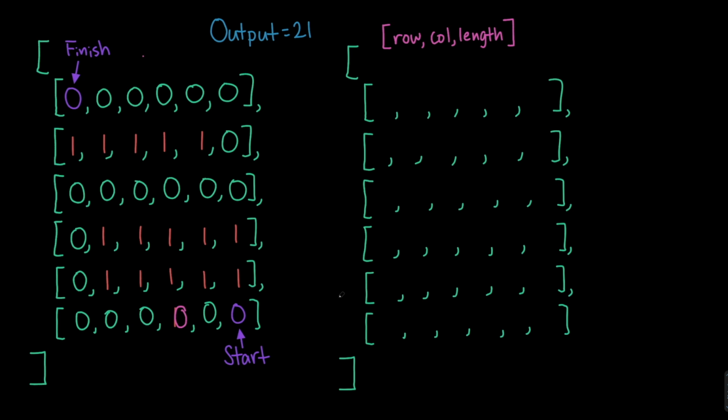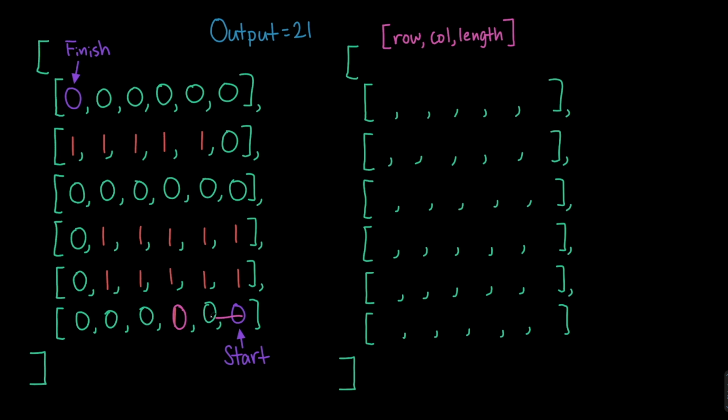Really what this means, let's go ahead and remove this 0 right here and go back to the case where that is given as a 1. So the answer here would be 21. Actually, sorry, let's make this a 0.